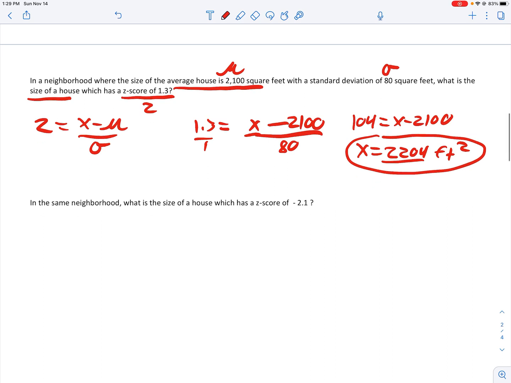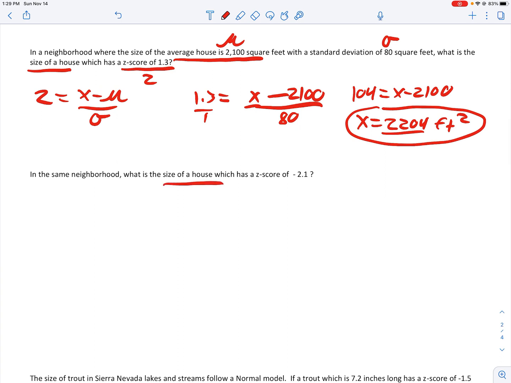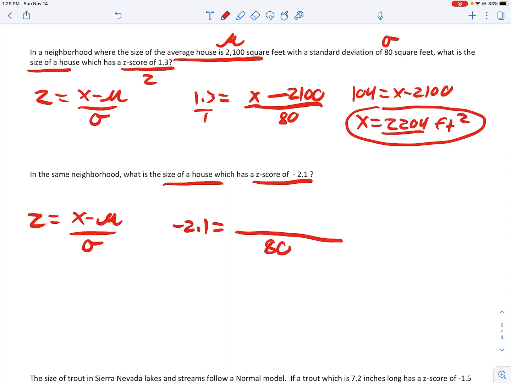Okay, in the same neighborhood, what is the size of the house with a z-score of negative 2.1? Again, you give me the z-score, I'm going to write the z-score formula. This time I know the z-score, the same standard deviation, and the same average, 2,100. Again, I'm trying to find x.